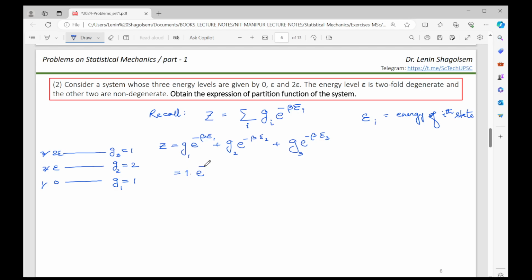E to the minus beta E1 is 0, and the g2 degeneracy is 2, e to the minus beta, the value of E2 is epsilon, plus g3 is also 1, and E3 is twice epsilon.